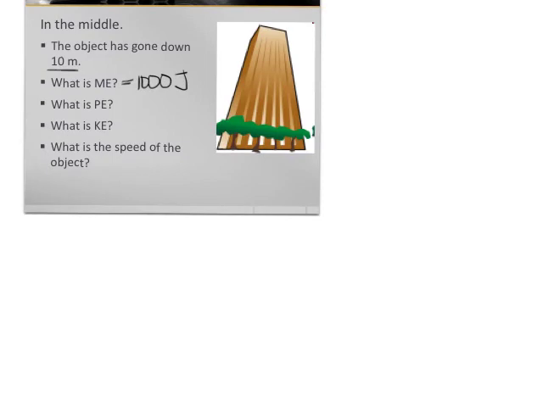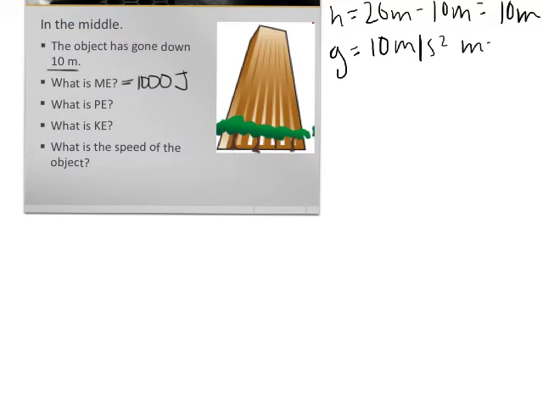Okay? So let's make some room. This is the same building we've been working with before, but this time we've gone 10 meters down. So if we started at 20 meters, to find your height, it's going to be 20 meters minus 10 meters, which is 10 meters. G is still going to be 10 meters per second squared, and our mass hasn't changed, so that's still going to be 5 kilograms.